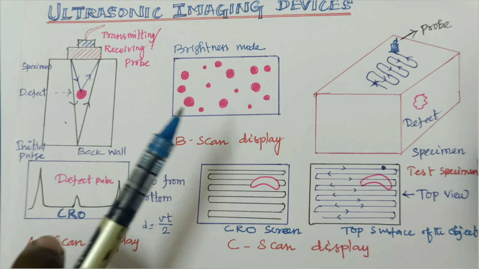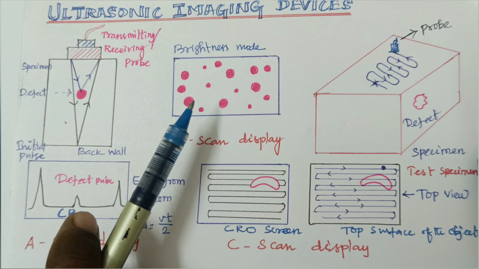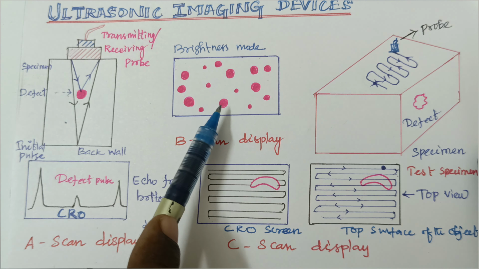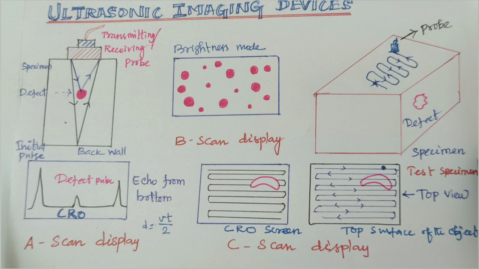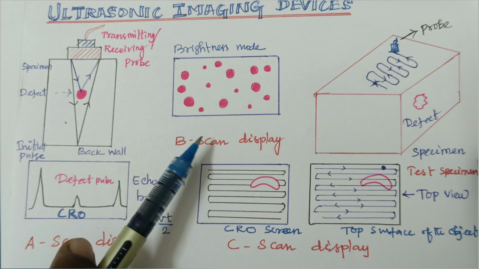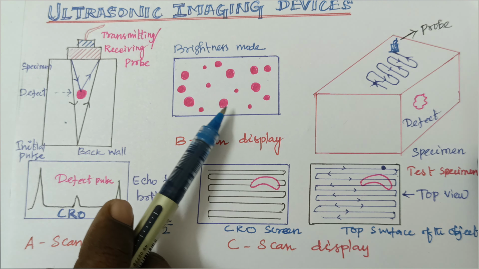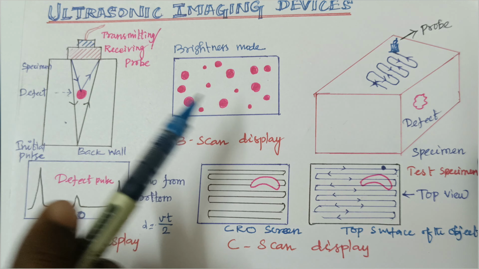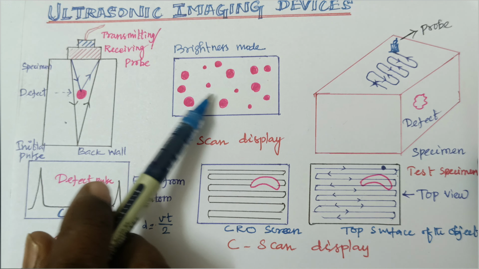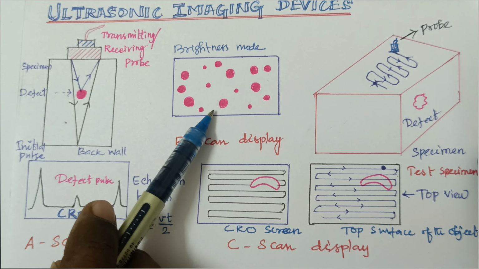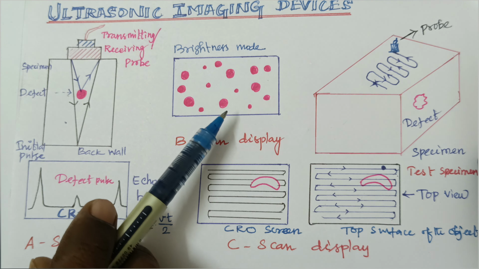The reflected echoes from various points are displayed in the form of dots on the screen. Then the brightness and size of the dot depend on the intensity of the reflected echo pulse.